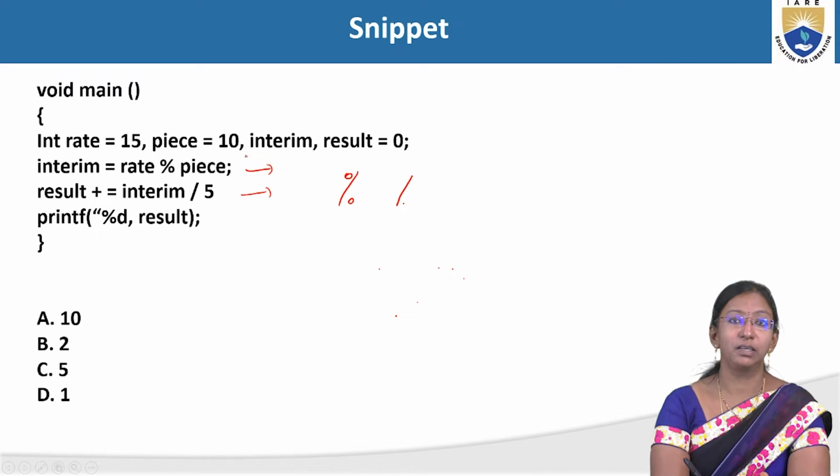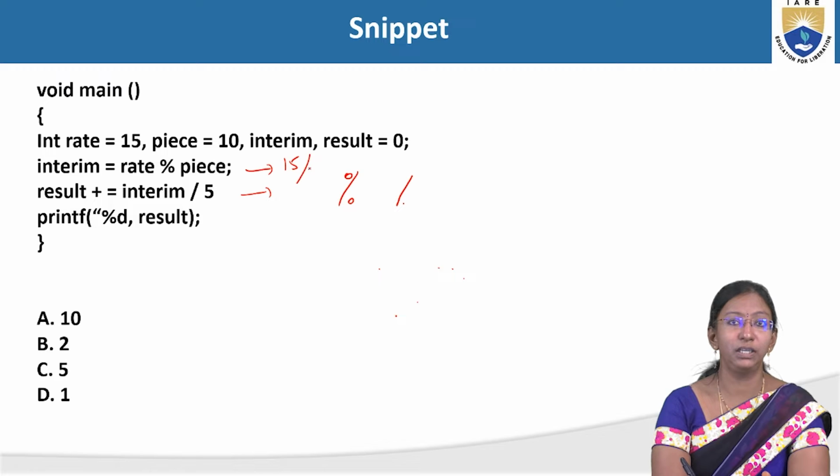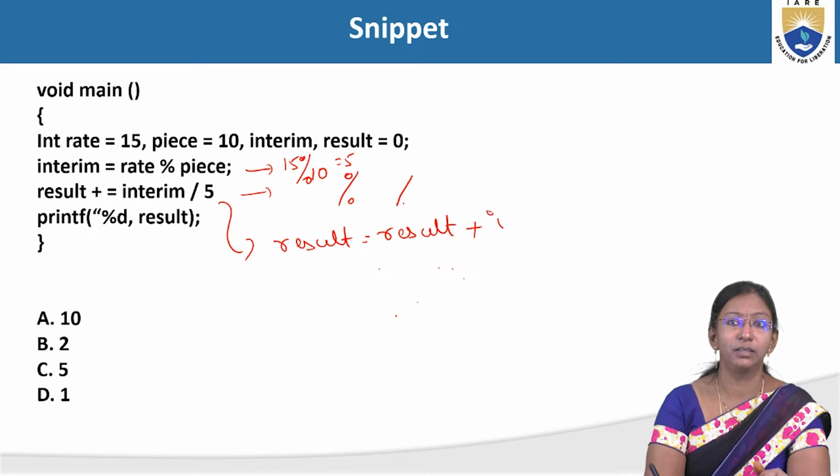Here they are asking for rate modulo piece. Rate they have initialized as 15 and piece as 10. So you perform modulo division of the same and you'll get 5 as the result, right? The second statement can be expanded as result is equal to result plus item by 5.